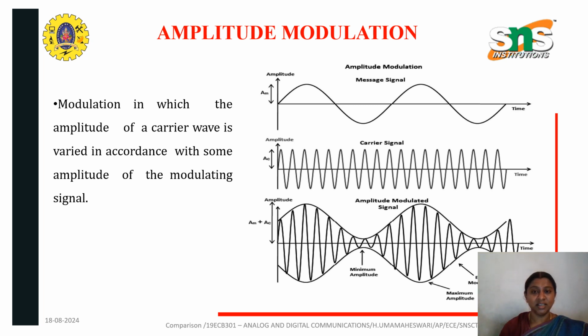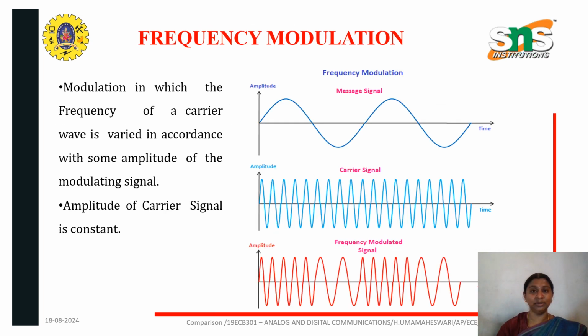The message signal is shown in the first graph, followed by the carrier signal, and then the message and the carrier signal are multiplied and shown here, where AM is the amplitude modulated signal, AC is the carrier amplitude and the message signal has its own amplitude, and we are adding the carrier amplitude and the message amplitude.